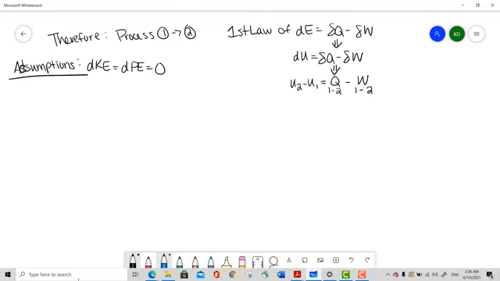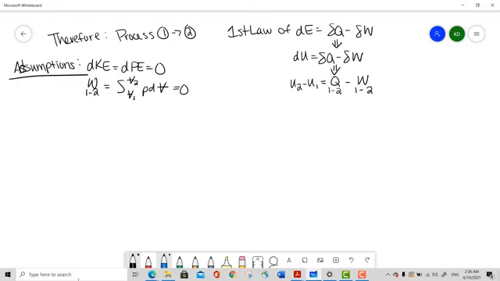We also know that there is no mention of change in volume. So we're going to assume that the boundary work is what we need to be looking at. So let's put the boundary work formula. Right. So no mention there. So we're just going to assume that it's 0.